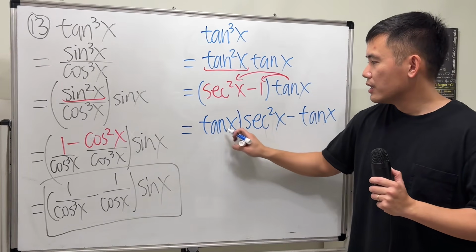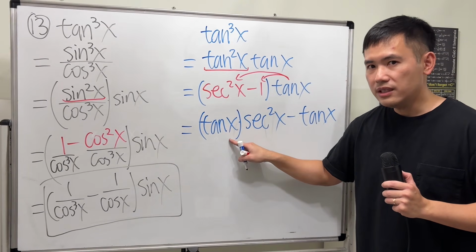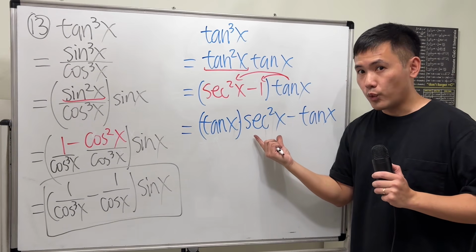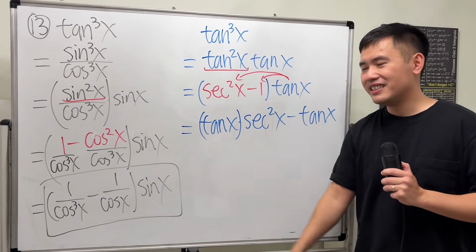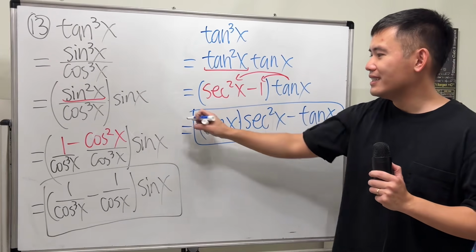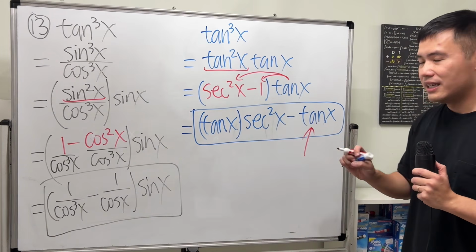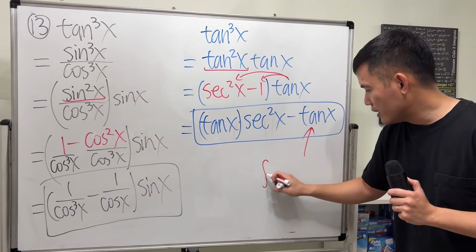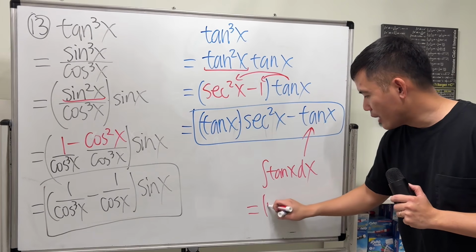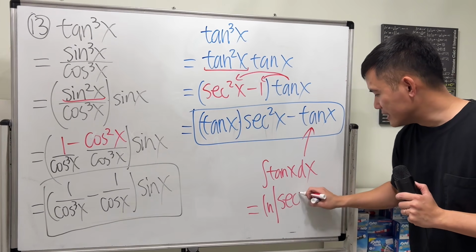Right here, you see, go ahead, let u equal tangent x. The derivative of tangent x is precisely secant squared. So it works out nicely. And right here, tangent x is also integral ready already. And let me remind you guys the standard answer for the integral of tangent x. This right here is equal to ln absolute value of secant x.